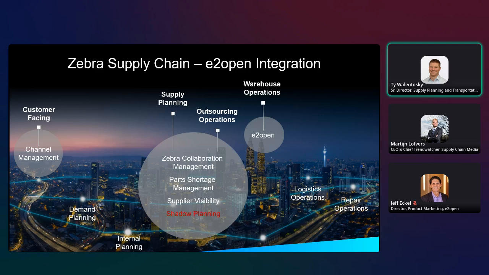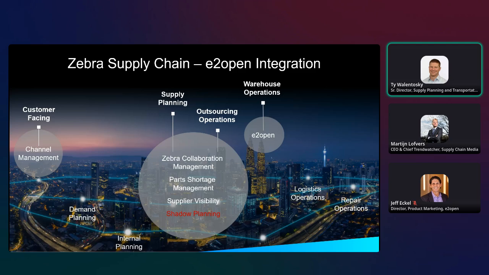Then we use this tool and this information we're getting from our tier 1s to run a supply assurance process, where we bring our commodity management teams and our component supply planning teams into a weekly meeting, and we review all of those shortages and identify what we can do to solve them.